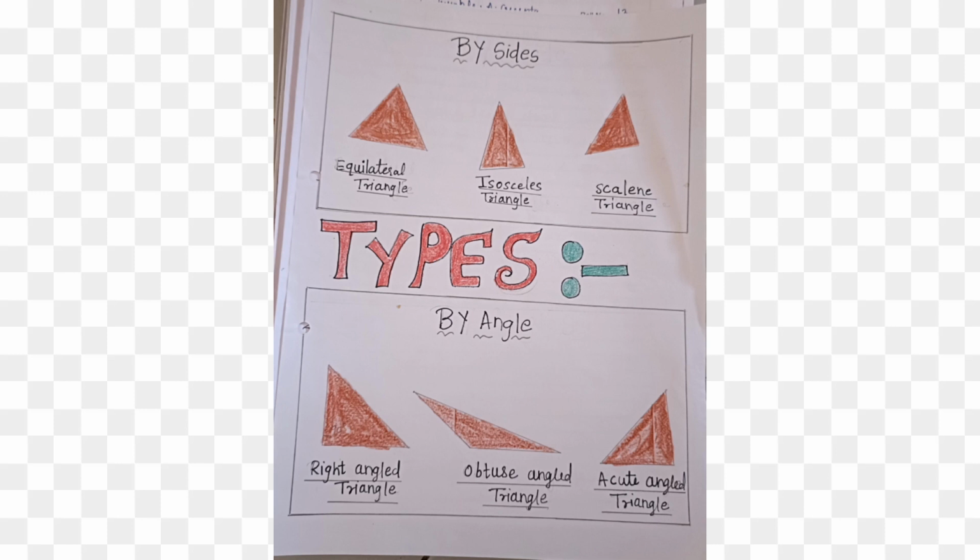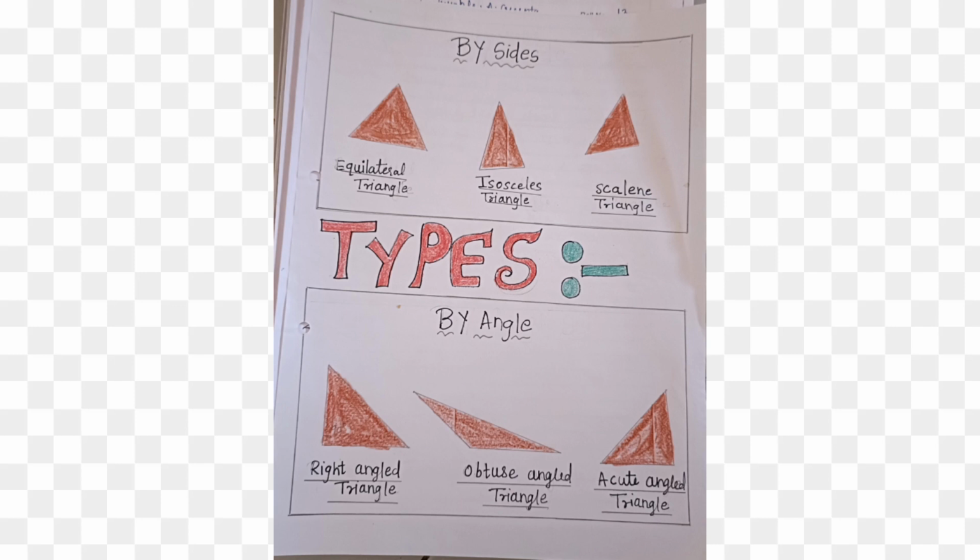In the by side classification, you can see equilateral triangle, isosceles triangle, and scalene triangle. And in the classification on the basis of angles, you can see right angle triangle, obtuse angle triangle, and acute angle triangle. As these triangles are being introduced to you for the first time, I will explain the meaning of each triangle one by one.